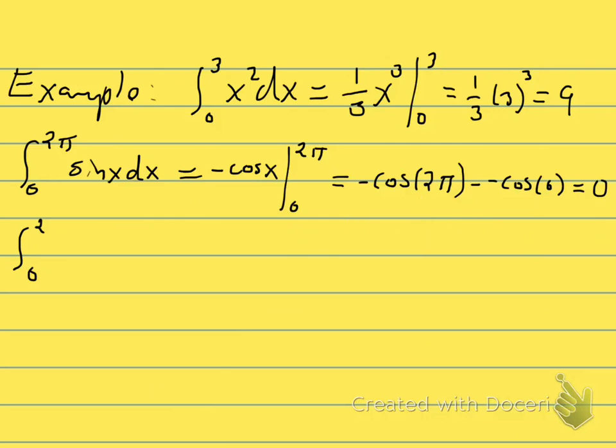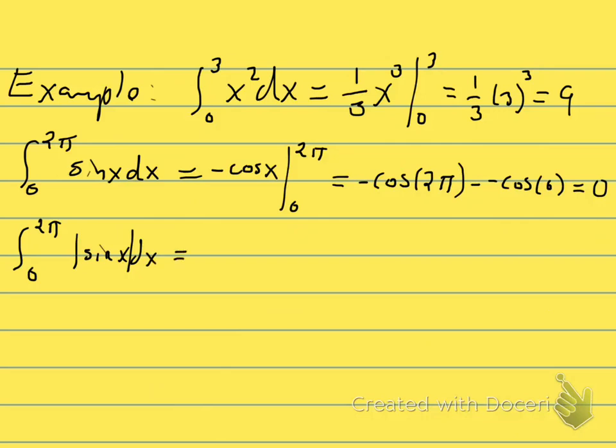Now, if I wanted to find the area, or I mean the absolute value of sine x, I'd have to divide it up into two pieces. So we're going to take a look at the integral from 0 to 2 pi of the absolute value of sine x dx.